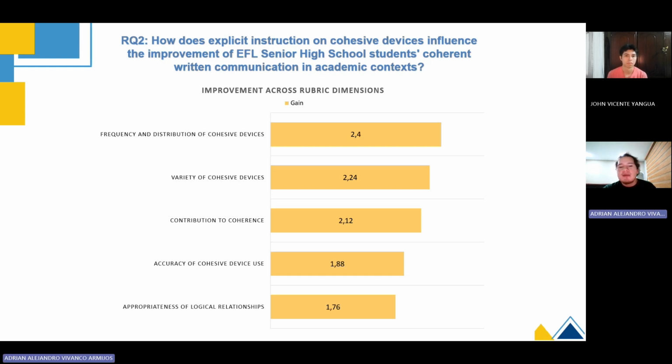The consistent improvement across all 5 rubric dimensions provides strong evidence that explicit instruction on cohesive devices positively influenced students' academic writing and reinforced the coherence of their written communication.